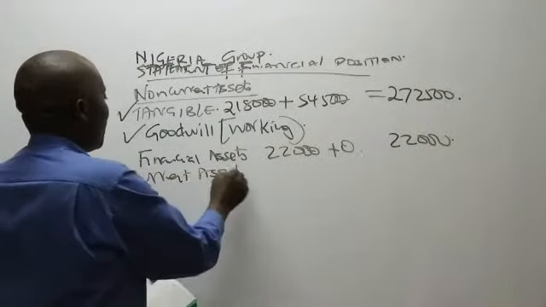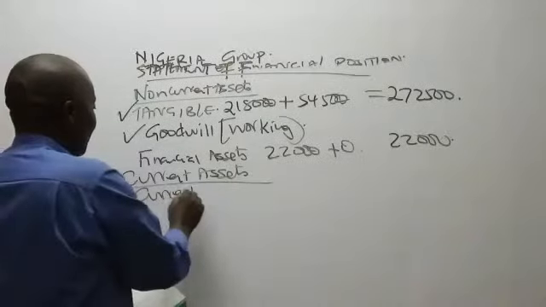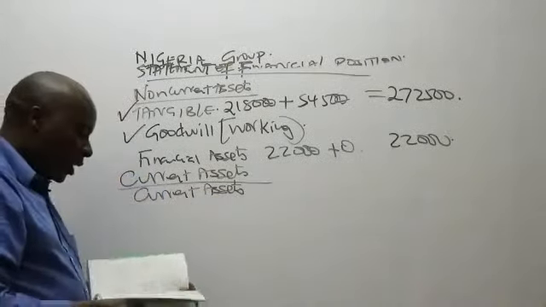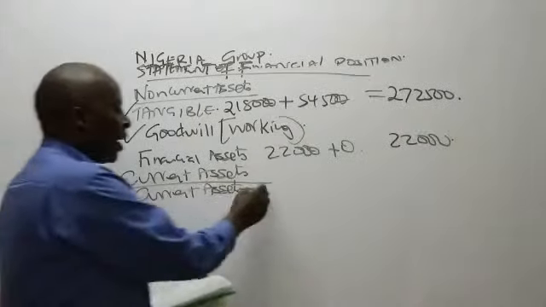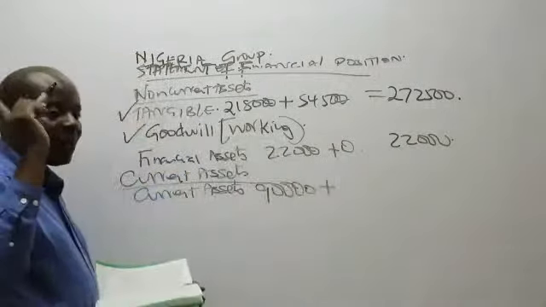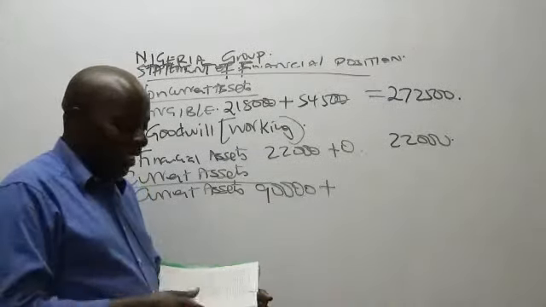From there now we have the current assets. They've only given me one name there, consolidated name. I'll take the one of the parent, which is $90,000, plus the translated one of the subsidiary that we are done. Who can remind us that figure?